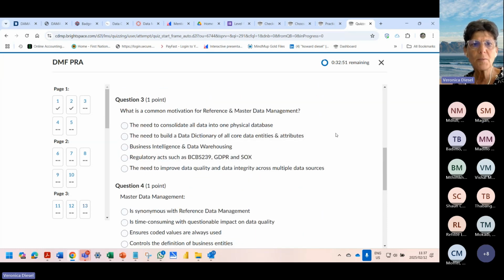Okay, what's the common motivation for master and reference data management? I'd say business intelligence and data warehousing.